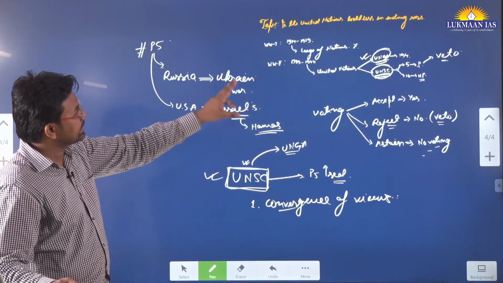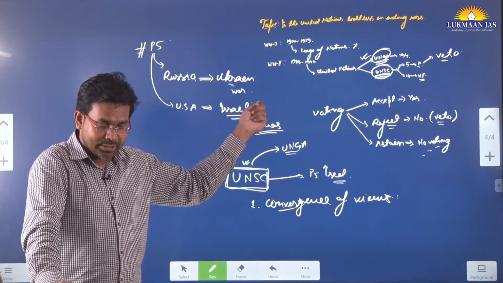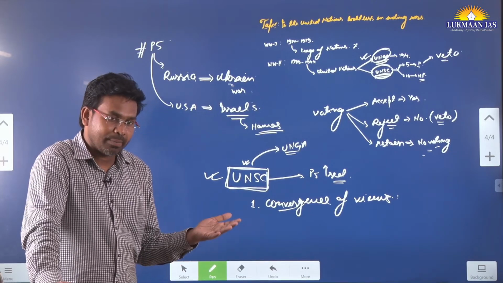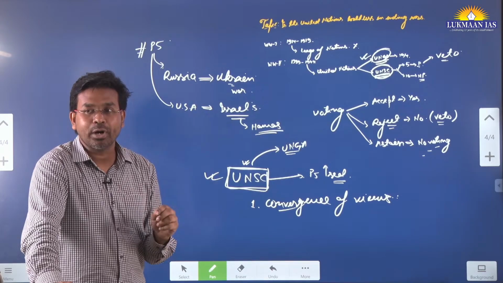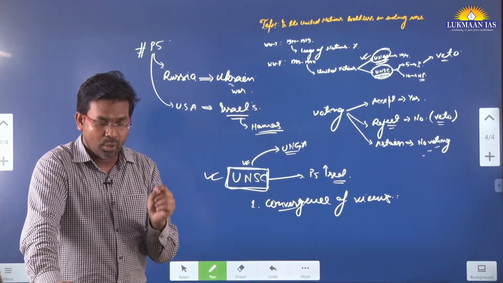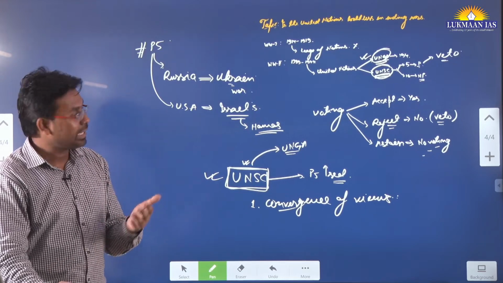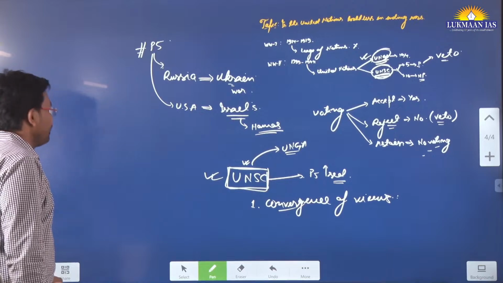Earlier, the system that evolved in 1945, the United Nations system, was good for that point of time. But now geopolitics around the world has changed. Why has it changed? Because many other countries have also emerged. But this institution has not changed itself. It has not updated itself.